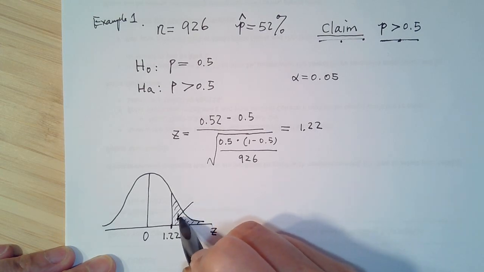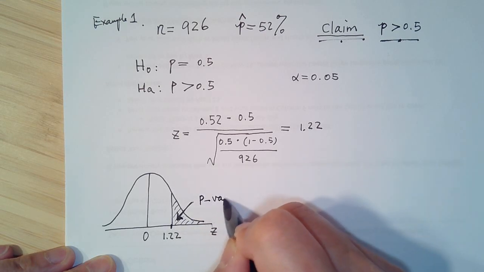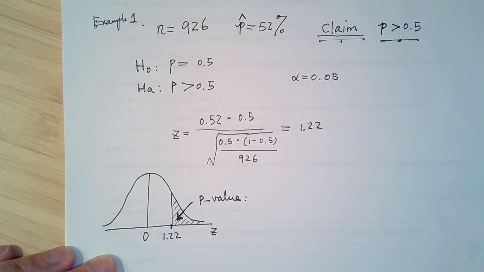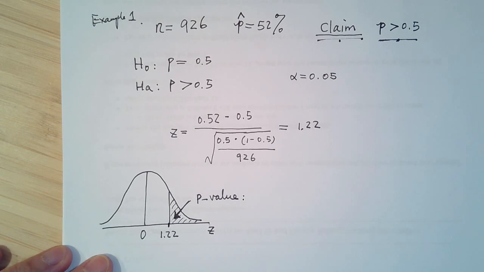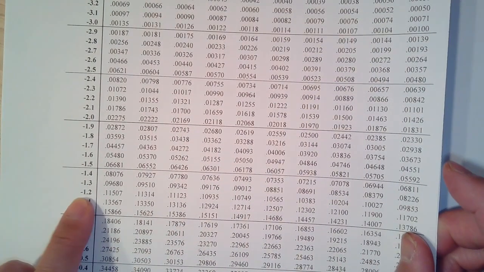And guess what is the area of the shaded area? That is my p-value. Okay, so the area to the right of 1.22 is the same as the area to the left of negative 1.22. So I just use the negative 1.22.